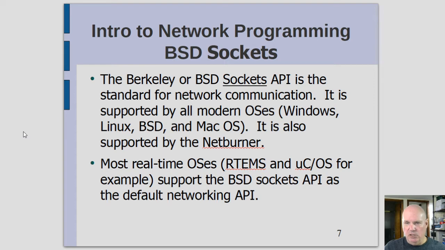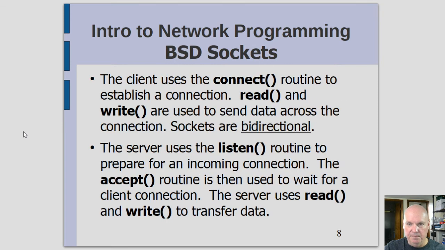I'm going to touch on just the basics here, just enough so that we can write the clients and servers and then get communication between them. This API is supported by all modern operating systems, and it's supported on the NetBurner. It's also supported on RTEMS. Most real-time operating systems support this API as the default networking API.